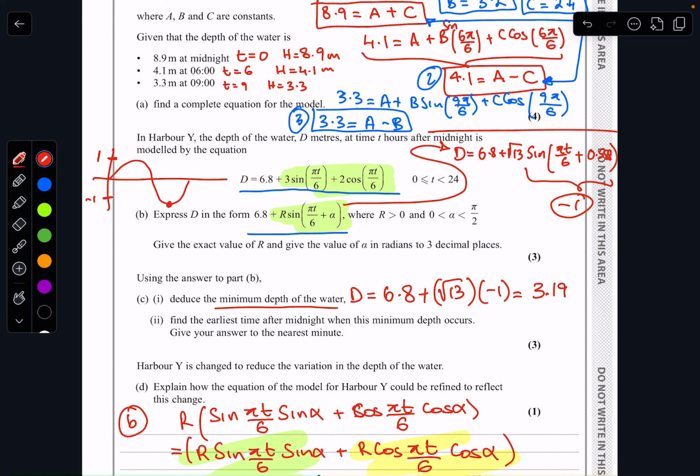Very similarly, the next one, find the earliest time after midnight when the minimum depth occurs. So in this case, we need to find the value of t when the minimum depth occurs. Again, we're looking at the sine function. The minimum occurs for sine when it's a minus 1, and therefore the value of x there is 3 pi over 2.